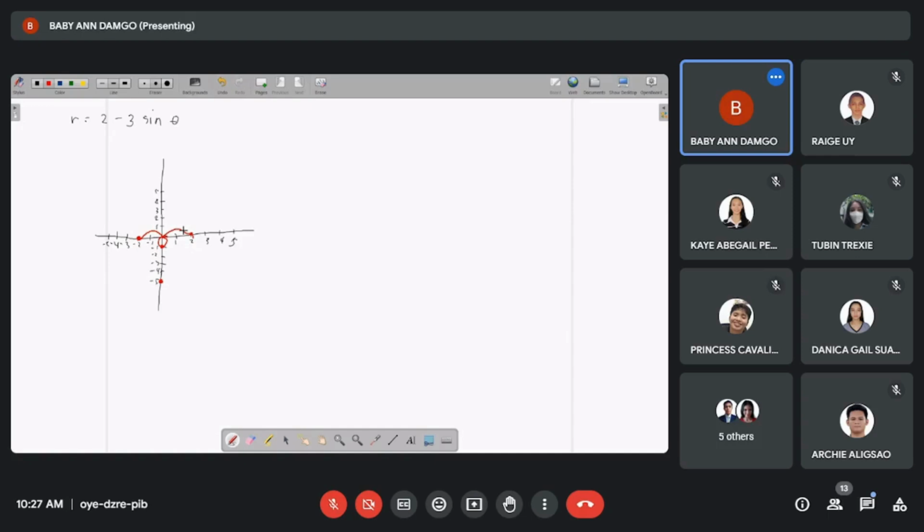So we can form a graph. And then, so ang edge niya is 2 plus 5, so we have 7. So nasya diri here. And then since A is 2, so this one. Okay, so the graph is this.